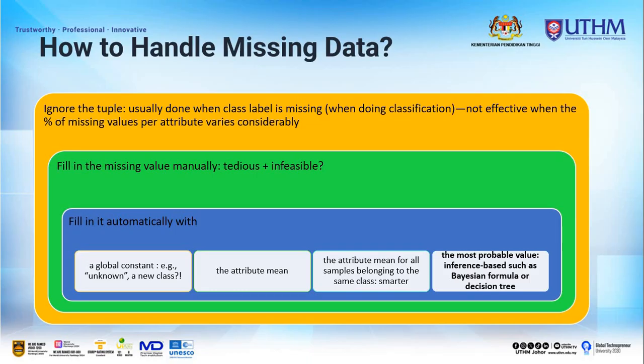Fill in with mean, median, or mode of the attribute, or we can apply a predictive model to estimate the missing values, or we use interpolation based on nearby values in time series data. The best method depends on the context and the amount of missing data. But in general, for numeric data, we usually apply the mean.